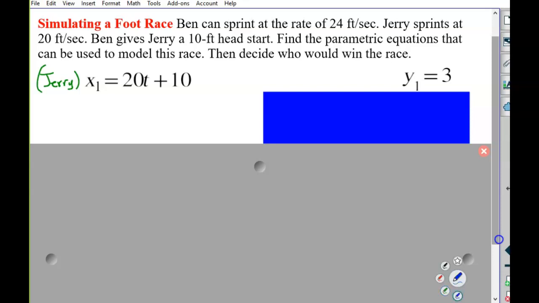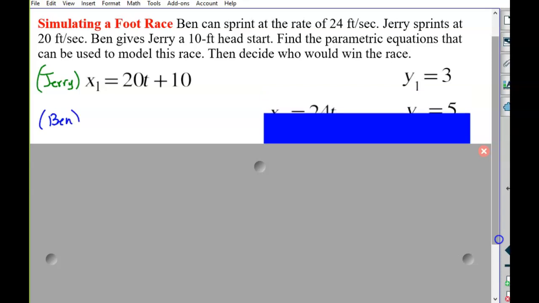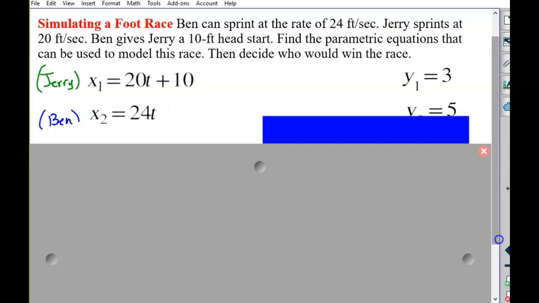And then Ben had a rate of 24 feet per second. But as we saw in the warm-up, Jerry got that 10-foot head start. We're going to give Jerry an extra 10 feet for his equation. But notice, this isn't a y equals x. It's relating back to time. And we did that in the warm-up.